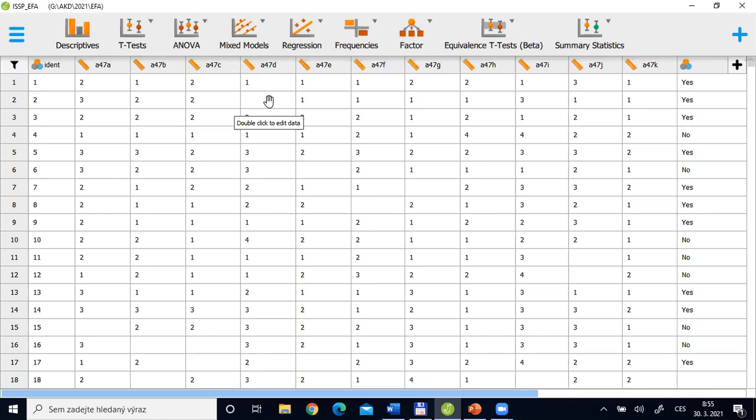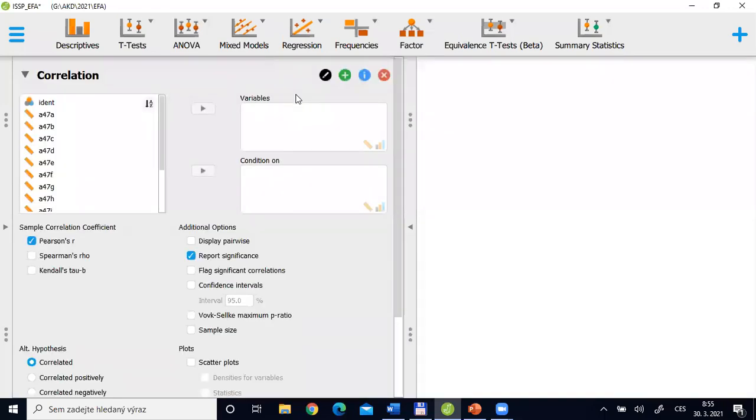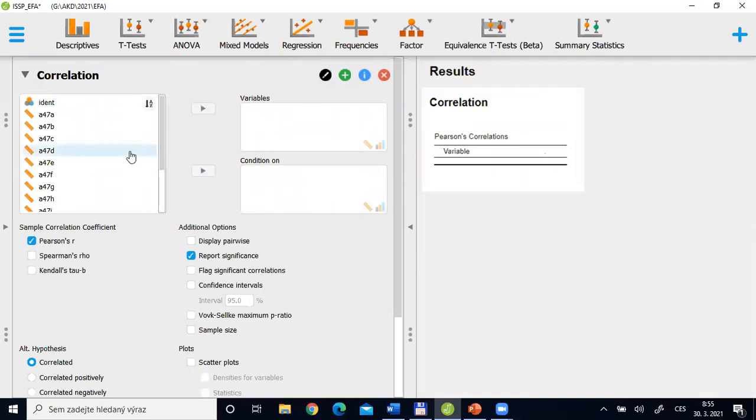Okay, so let's go back from this excursus about long and short scales, and we would go into regression and correlation, the classical part in JASP. So here we are, and we would like to compute correlation coefficients for the set of all of these 11 variables.